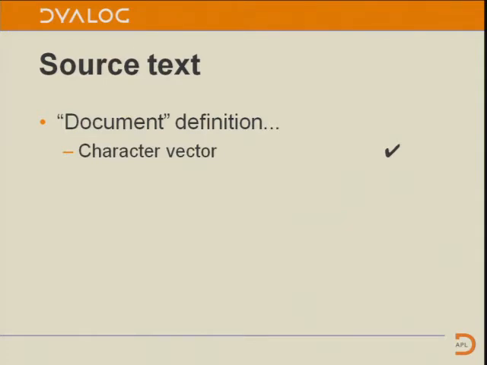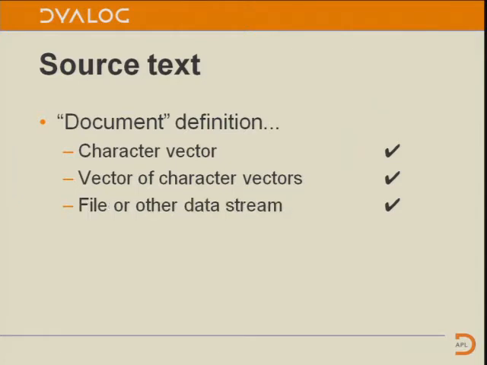But that's a valid way of having it in your workspace. You might also want to work on a vector of character vectors, where each character vector represents one line. There's an implicit line ending between them. And wouldn't it be nice if you could work directly on files or other streams? One advantage of that, if we can search and filter like the grep tool did, we might be able to process large files without having to read them all into the workspace.